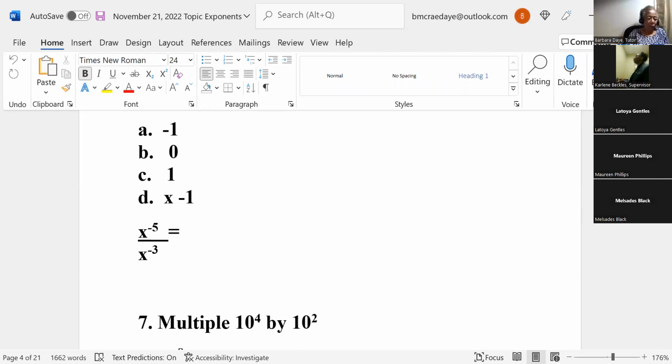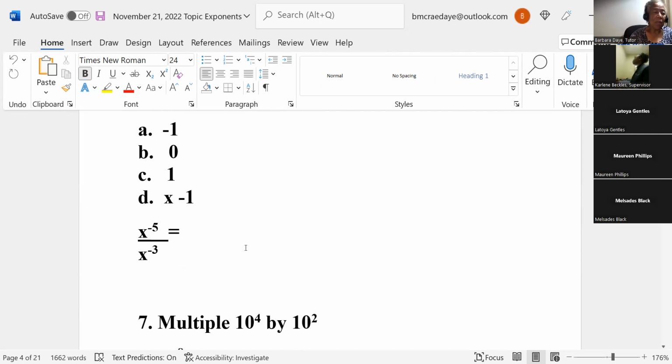I think you add the powers. No, you add when you're multiplying. Okay, subtract then. Christian, I'm in class. Okay. So when you're dividing, you subtract your exponents.